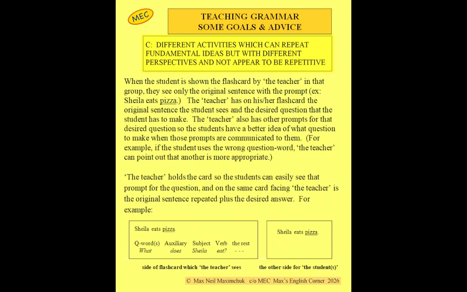Below the original prompt, we have the formula: question word, auxiliary, subject, verb, and the rest. And below that we have, "What does Sheila eat?" On the other side of that same flashcard, which the students can see, there's only the sentence written, "Sheila eats pizza," with "pizza" underlined.